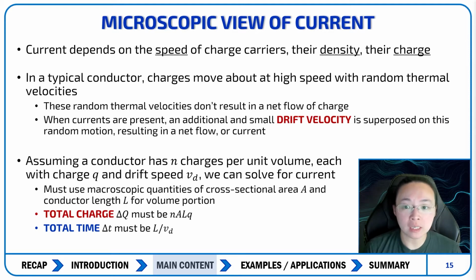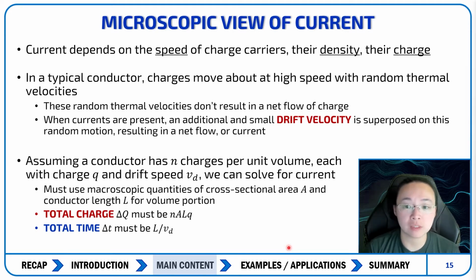Assuming a conductor has n charges per unit volume, we take a look at a chunk of that conductor, or a chunk of a volume of that conductor. We say that it has n charges within that volume. Each charge has a charge Q, and each moves with a drift speed of Vd.